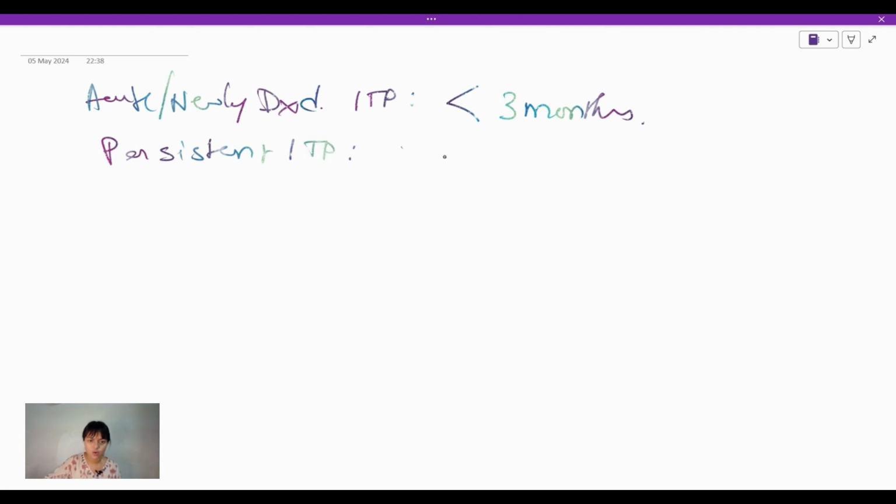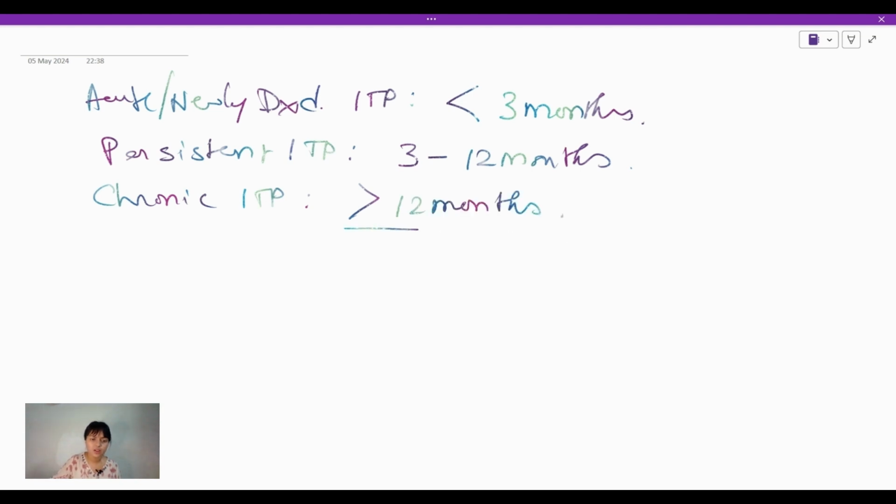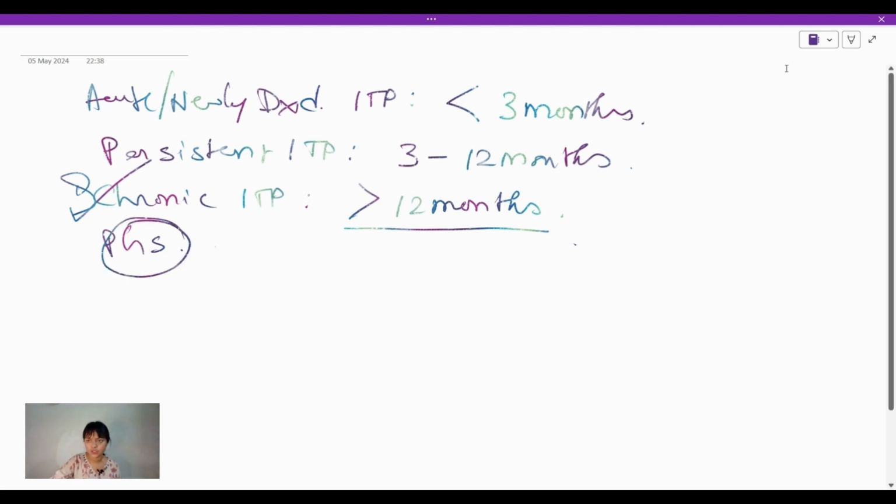If the symptoms are persisting from 3 to 12 months duration. And there is also something called chronic ITP. If the symptoms are persisting for more than 12 months duration, then you can stamp it as chronic ITP. Clear? Chronic ITP is a separate question. Okay, for PGs, definitely many times it has been asked for PGs and UG as well. Okay, so I will be detailing chronic ITP at the end of my lecture.